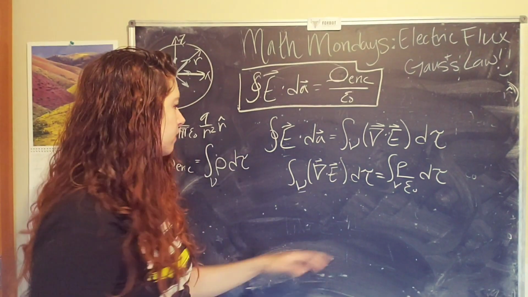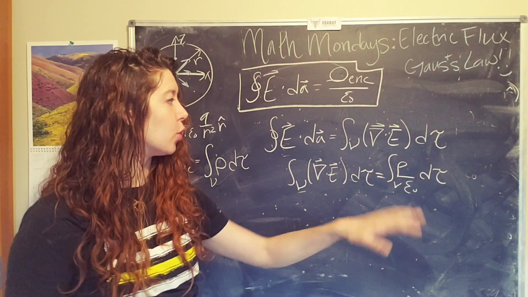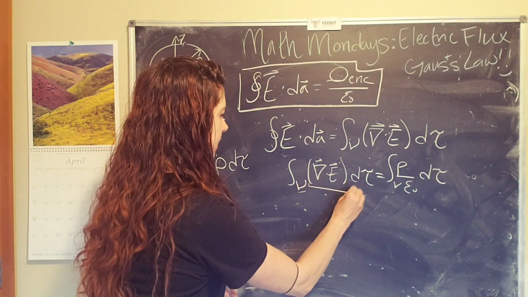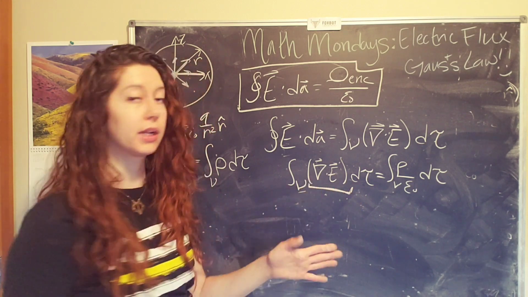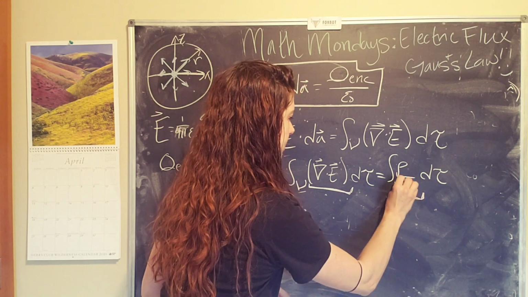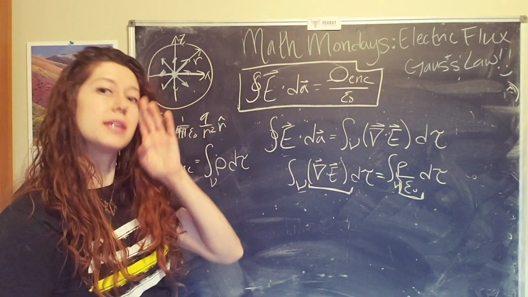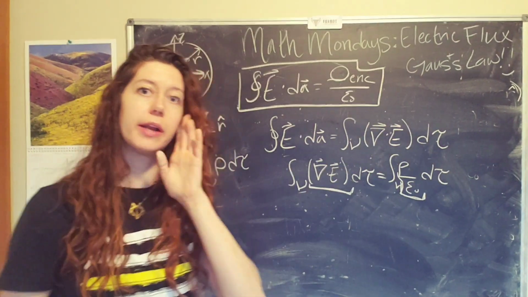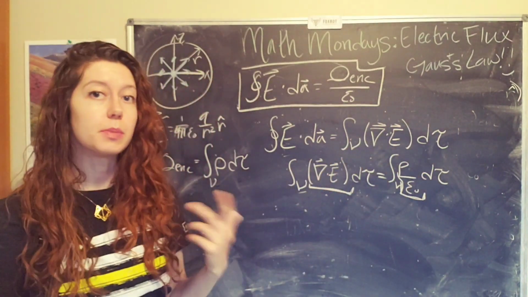Doesn't matter what volume you have, because we have shown that these two equations must be equal, we can basically say, okay, well, integral aside, we know that these inside pieces have to be equal because it holds true for any volume. It doesn't matter what you're integrating over, these two pieces must be equal.